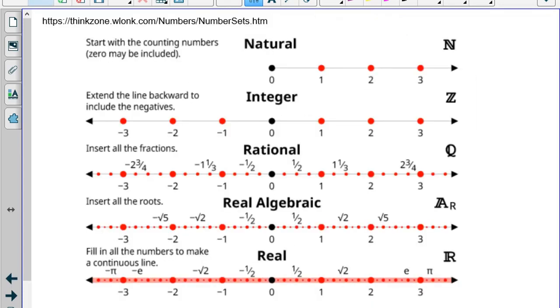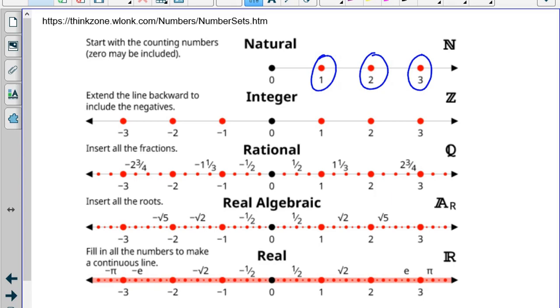This is another way of seeing these things on a number line. So the red indicates where these things actually exist on the number line. So natural numbers start at 1, and you can tell there are gaps there. So there are gaps between each of the natural numbers.